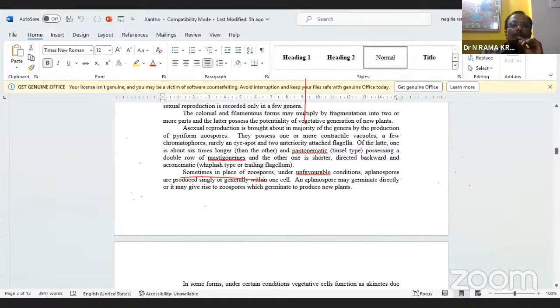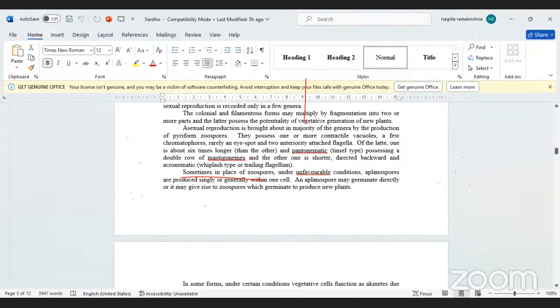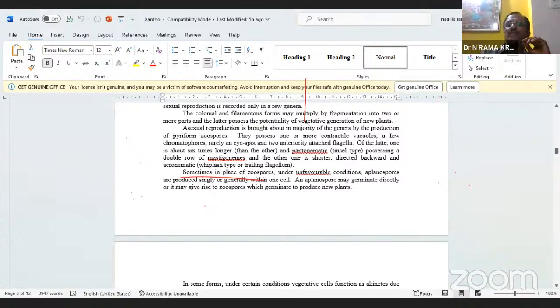Tell me, anybody. Coenocytic thallus means many nuclei, a large number of nuclei are present in that one. For example, this is one thallus, unbranched.